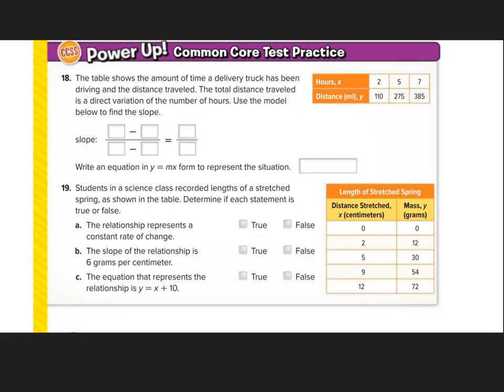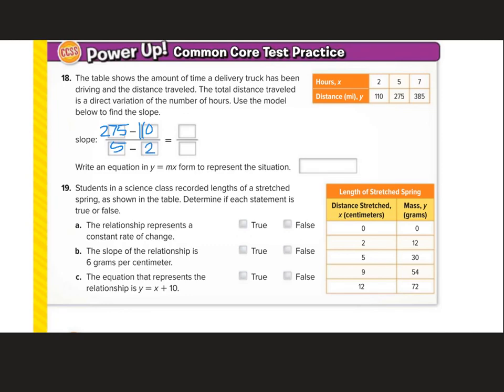Number 18. The table shows the amount of time a delivery truck has been driving and the distance traveled. The total distance traveled is a direct variation of the number of hours. Use the model below to find the slope. So using the model below, I can write 275 minus 110 over 5 minus 2.